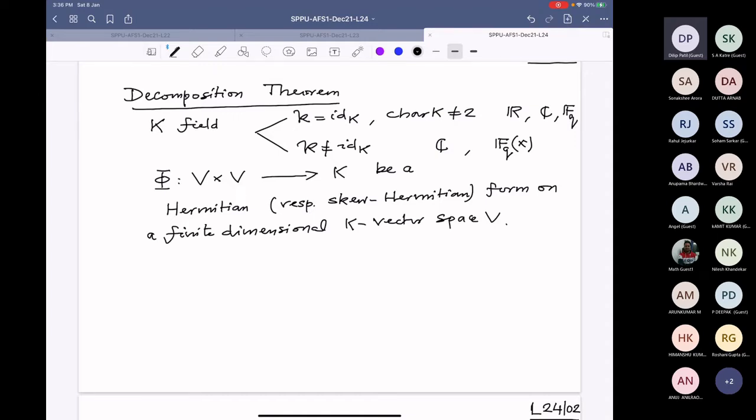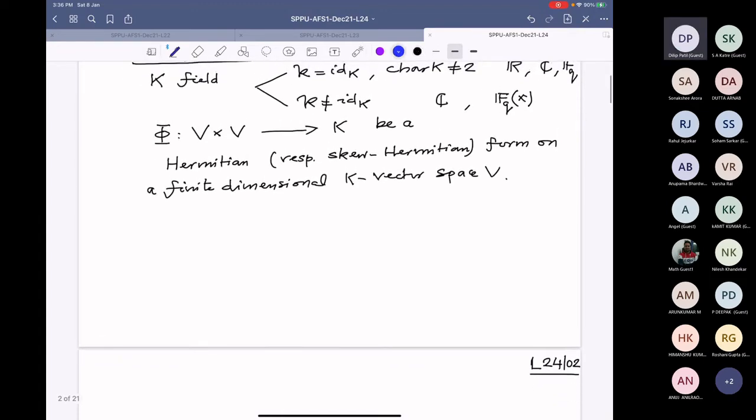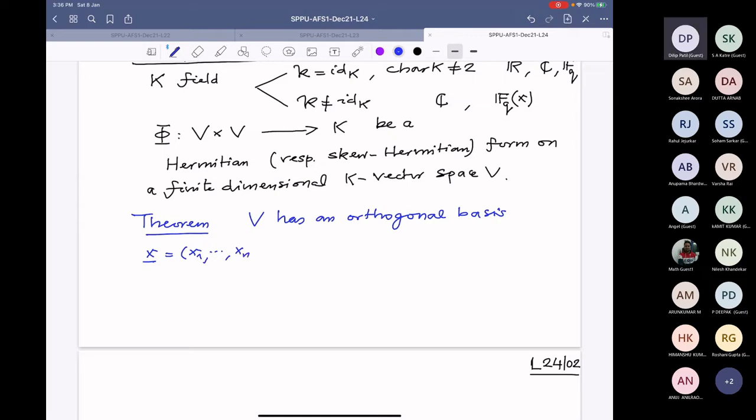All right. So in this case, what do we want to find? The decomposition theorem says, so this is the theorem. This will help us for the classification. V has an orthogonal basis x, that we are denoting x_1 to x_n.